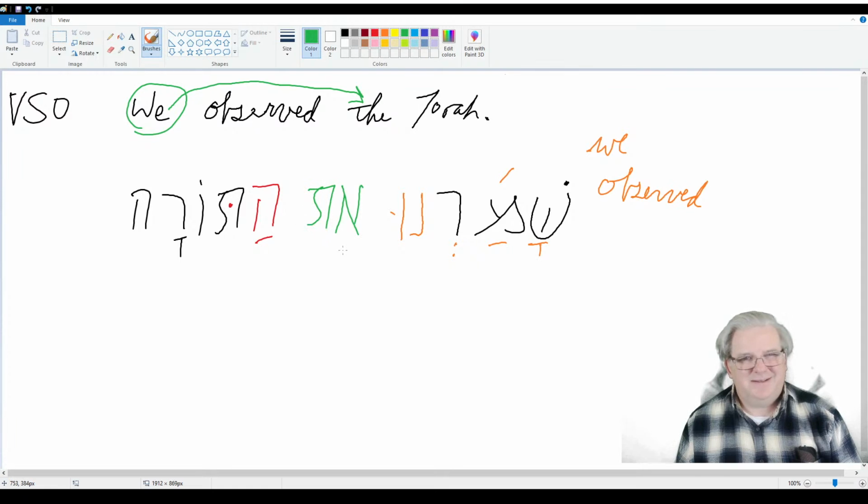You don't really need it with the first person common plural because it's not going to be ambiguous, but they're going to give it to you. And again, we have the choice. Shall we leave it freestanding, or shall we use a maqqef and make a proclitic thing there? See how much you learned by doing this? Yeah, good.